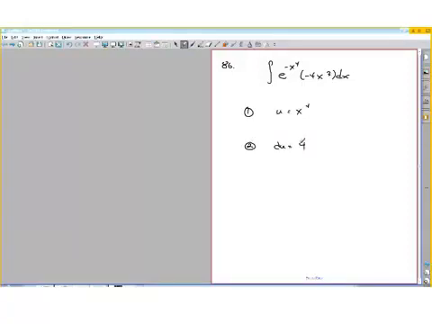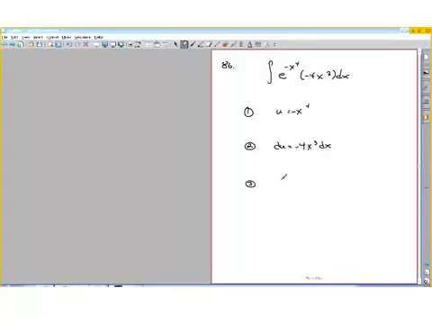So u is negative x to the fourth, and the derivative is negative 4x cubed dx. Then we look at the original equation to see what we've got besides our u function. And you get negative 4x cubed dx. So that is du exactly, so we don't have to really change anything.